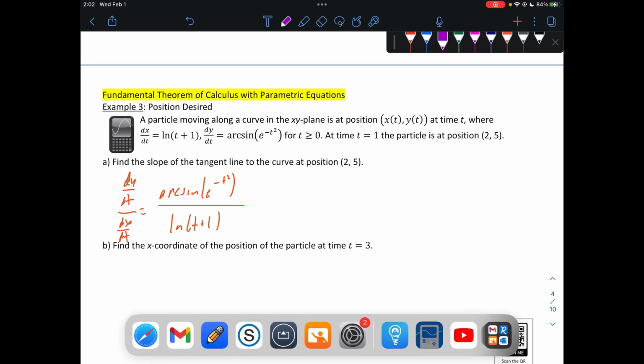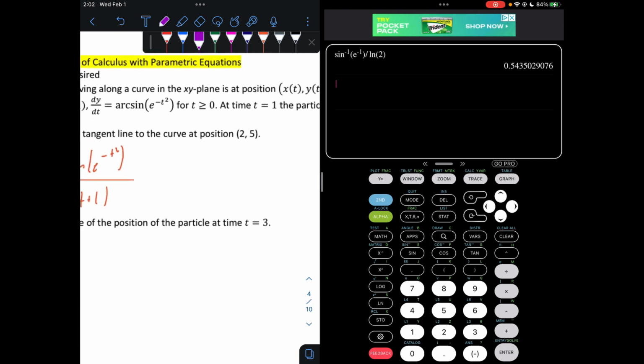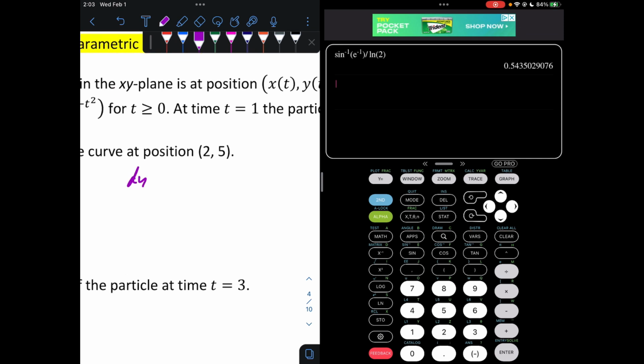All right, so sine inverse of e to the negative 1 divided by ln of 1 plus 1, or ln of 2, and we get 0.544. So our slope here, we should write it like this, dy/dt over dx/dt at t equals 1 is 0.544.